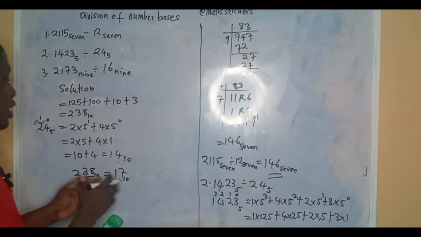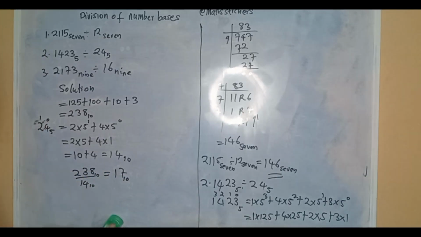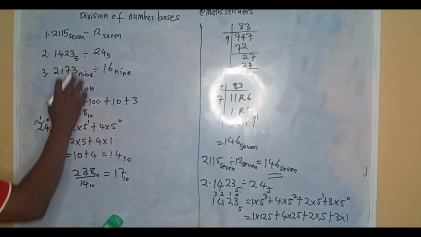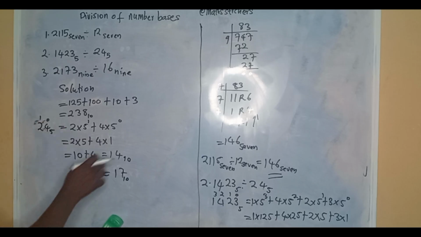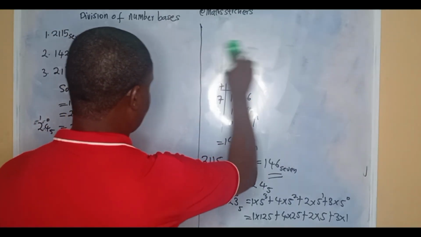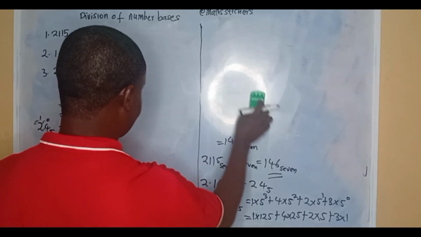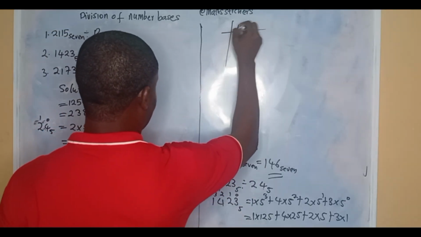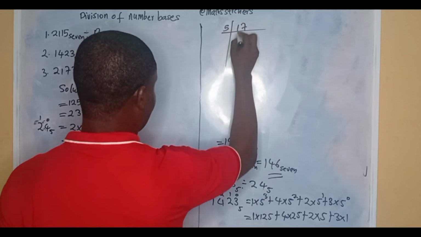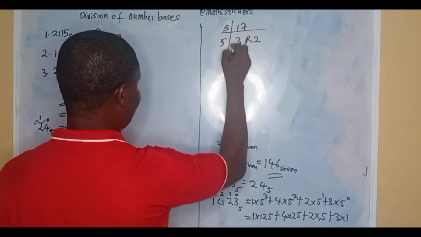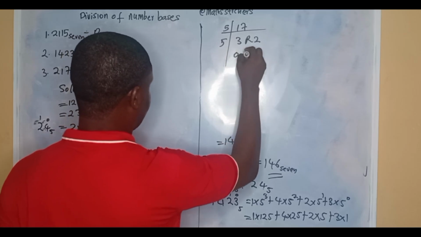Okay. So now that I've gotten my answer in base 10, I will convert back to the required base, which is base 5. So let's convert our answer to base 5. So we are going to have 17 divided by 5. That will give us 3 remainder 2. 3 divided by 5 will give us 0 remainder 3.